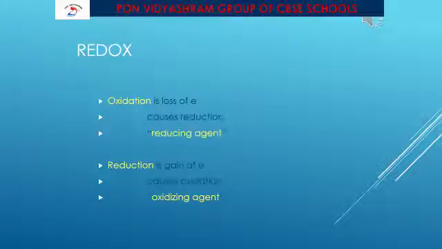In redox, RED means reduction, OX means oxidation. Oxidation is loss of electron, which causes reduction. The element which loses electron is considered to be a reducing agent, whereas reduction is gain of electron and causes oxidation.